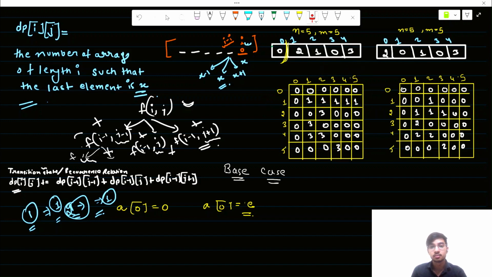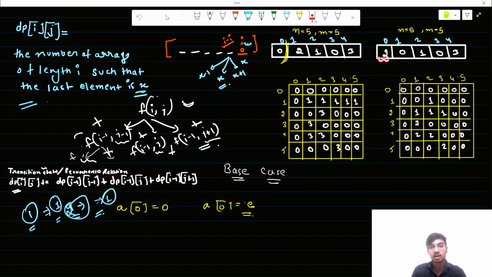Suppose this value is m, so this represents a j and this represents a i. From 1 to m, if you choose 1, the possible arrays of length 1 is 1. If you choose 2, the possible arrays of length 1 is 1. So this is how you can fill it.